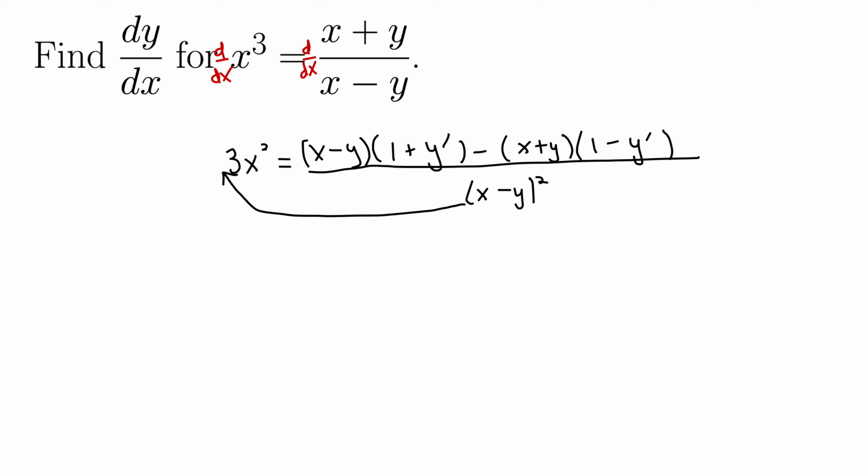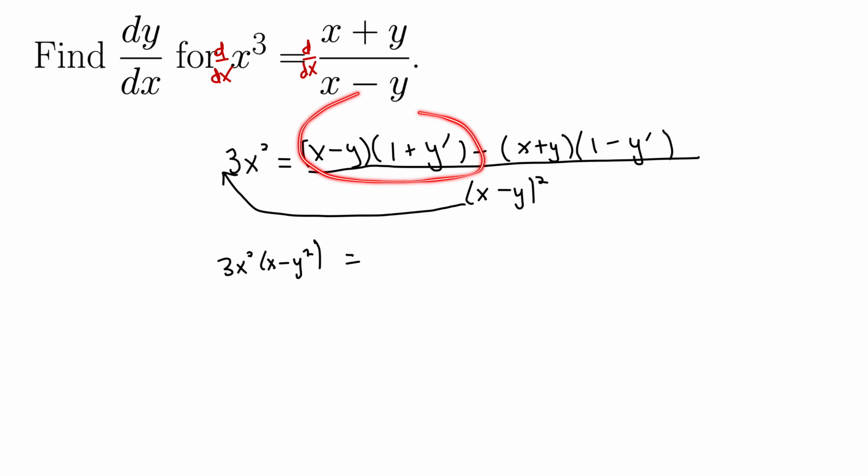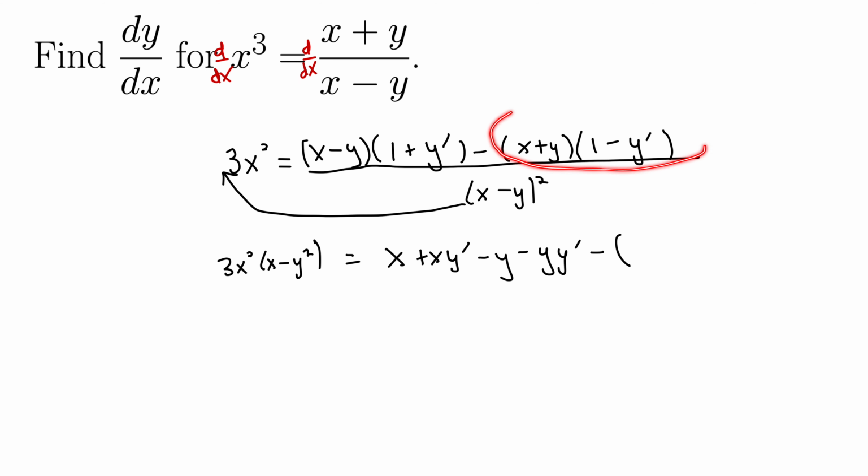Okay, so this gives us 3x squared, (x minus y) squared. And then I'll just FOIL these expressions together. Looking at this first expression, foiling that, we have first, x, outside, plus xy prime, inside, minus y, last, minus y prime, and now minus parentheses, and I'll FOIL the second expression together.